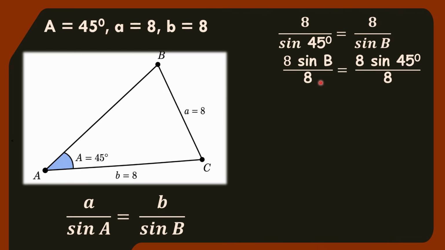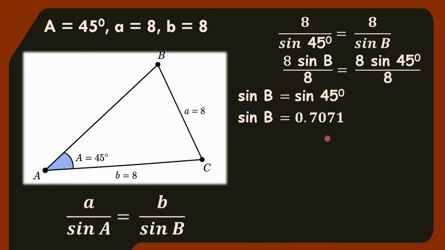So sine B is equal to, cancel 8 on the right side, sine 45 degrees. Sine 45 degrees is 0.7071, so sine B is equal to 0.7071. To get the value of angle B, shift sine 0.7071.